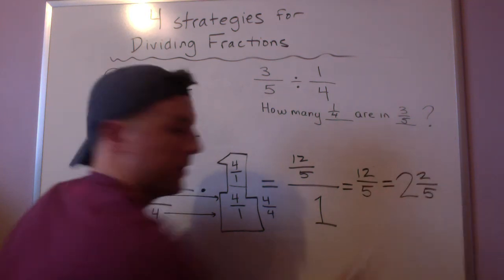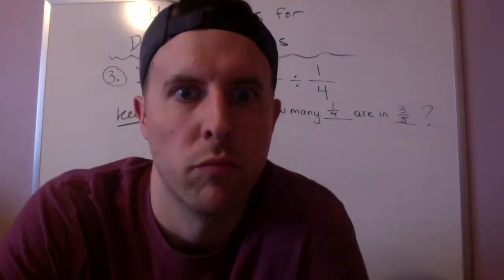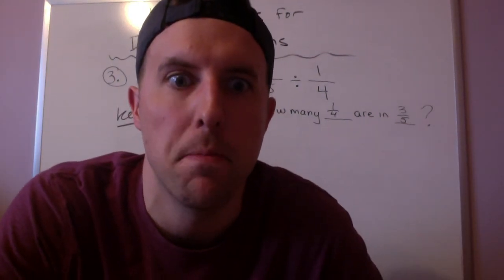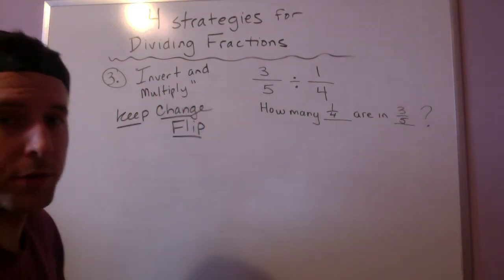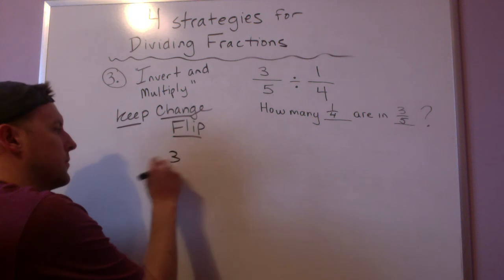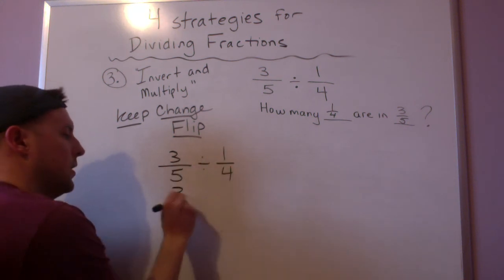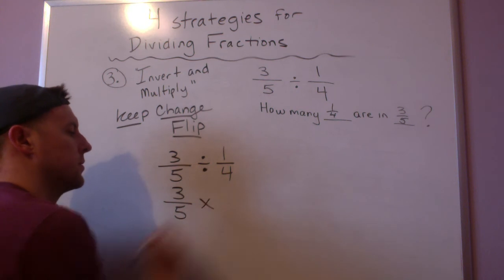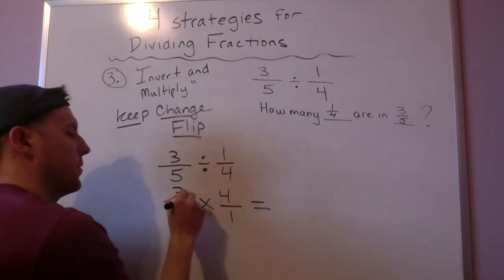Or keep, change, flip. We call it keep, change, flip, invert and multiply. So keep the first fraction the same, change the division symbol to multiplication, and flip the second fraction. Multiply straight across, you get 12/5, which we already know is 2 and 2/5.